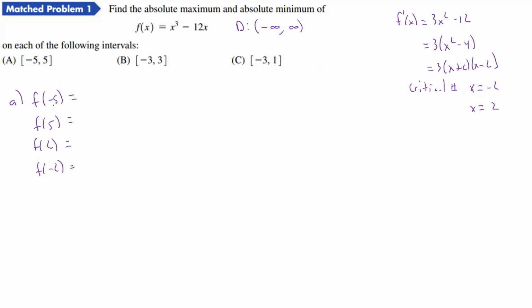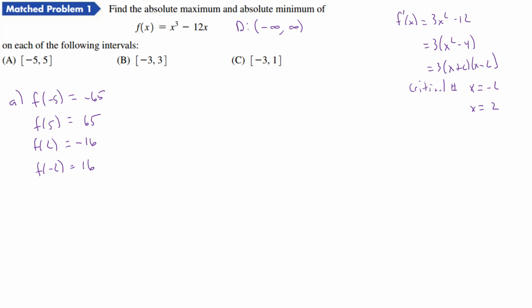And so if we plug in negative 5 cubed and then minus that, that's going to give us negative 65. Now, if we plug in 5, that's going to become positive, and then we subtract off, so f of 5 is going to be a positive 65. Then f of 2, we plug that in, that's going to be negative 16, and f of negative 2 is going to be positive 16.